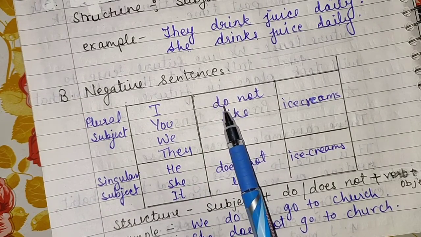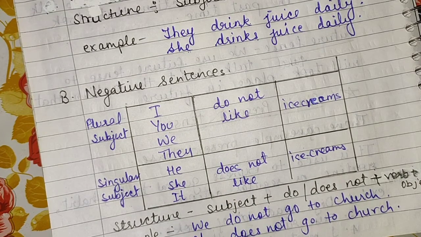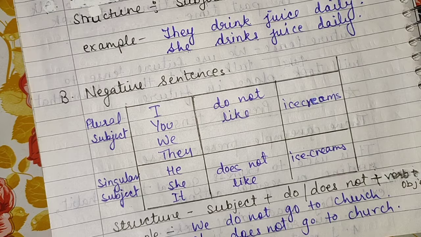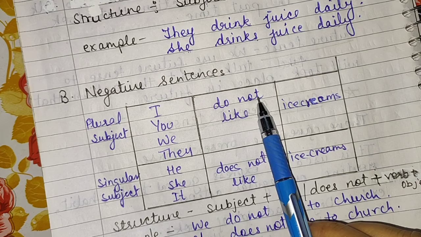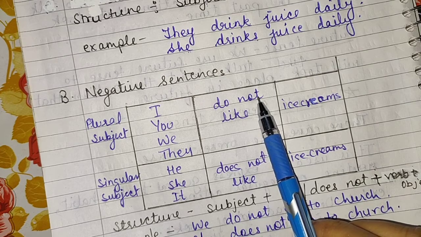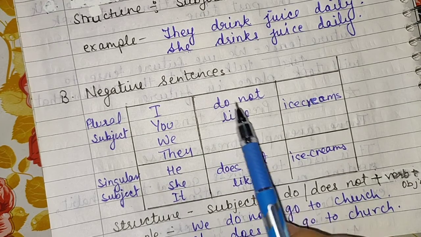Children, what do you mean by negative? Negative means that you are saying no to something. So not is a very important part of a negative sentence.